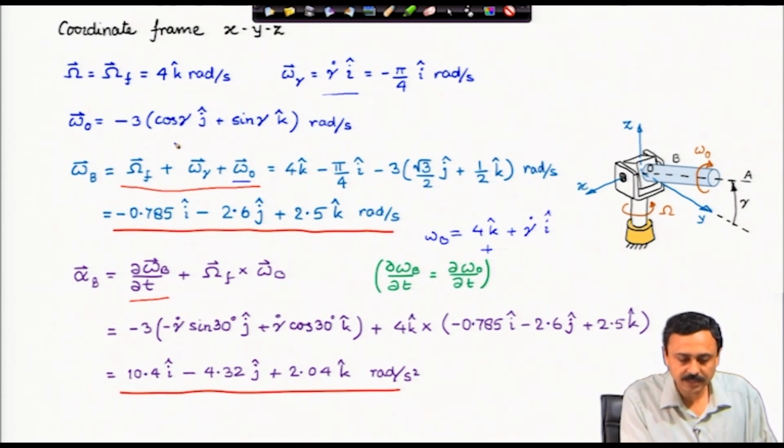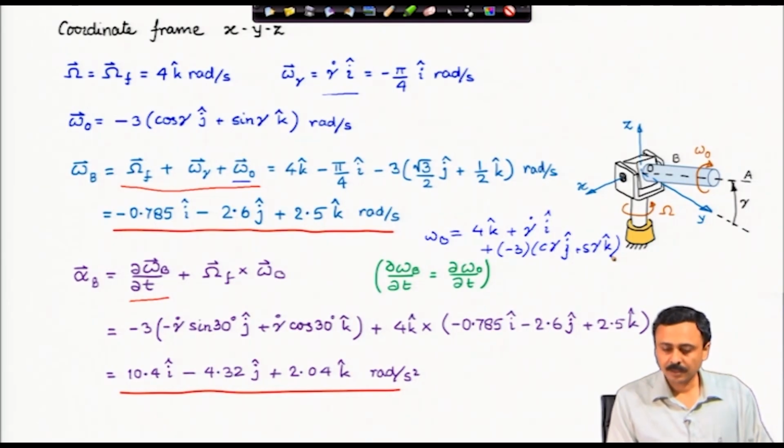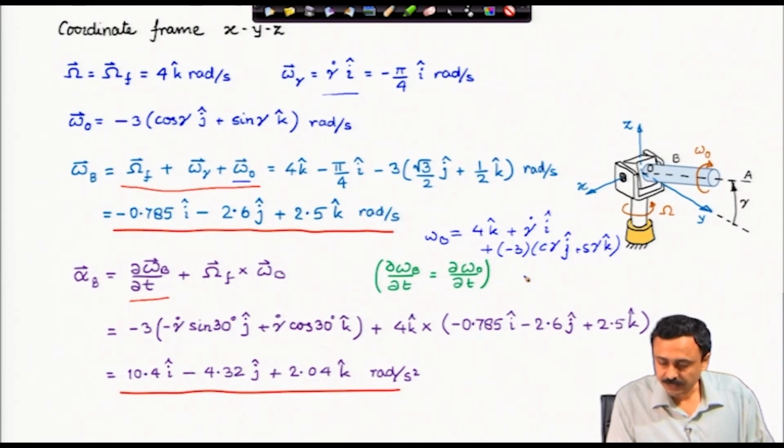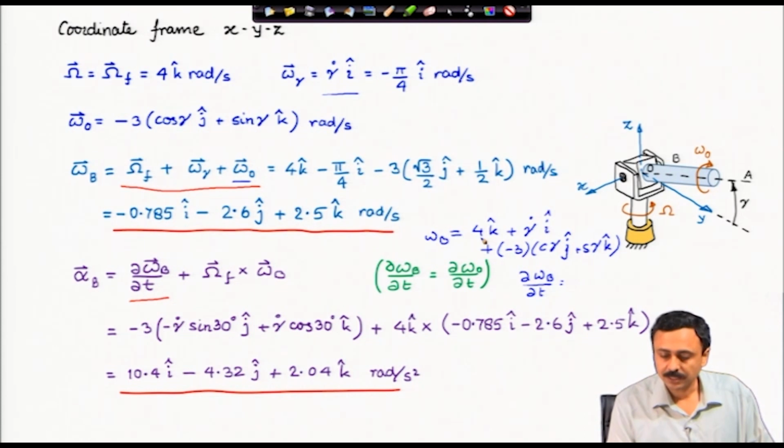Omega naught is minus 3 cos gamma j cap plus sin gamma k cap. When you take the local derivative of this vector, local derivative means which does not differentiate the frame vectors.